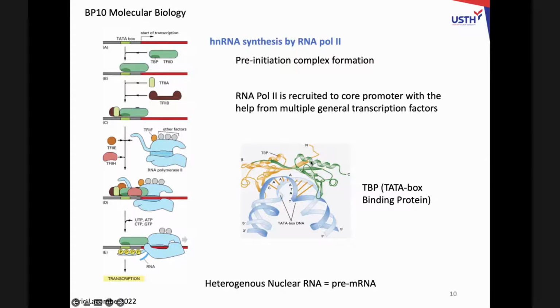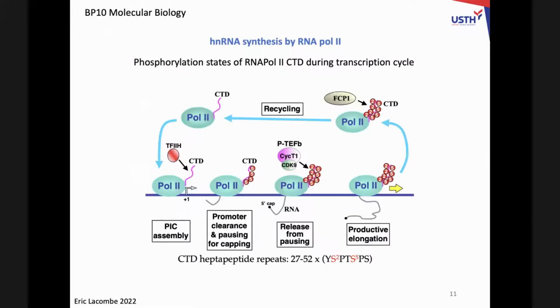Okay, so technically we can say that it's TATA binding protein that is the first event in recognizing the core promoter sequence for Pol2 genes. Okay. Do not hesitate if you have questions. I'm sure that you already studied that in previous years, but at least you have everything for reference.